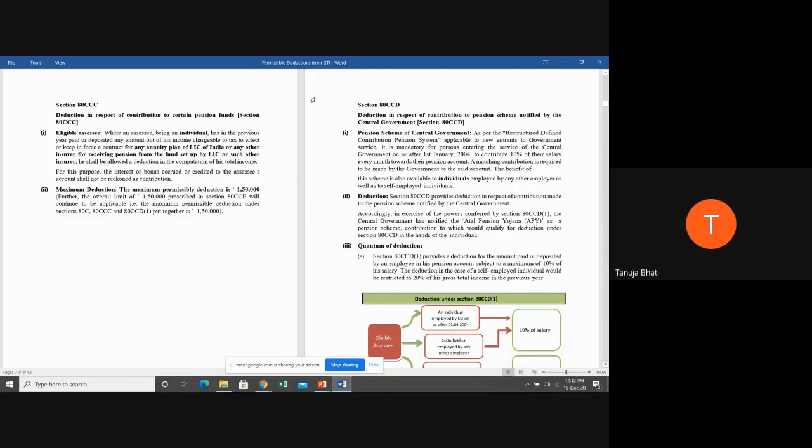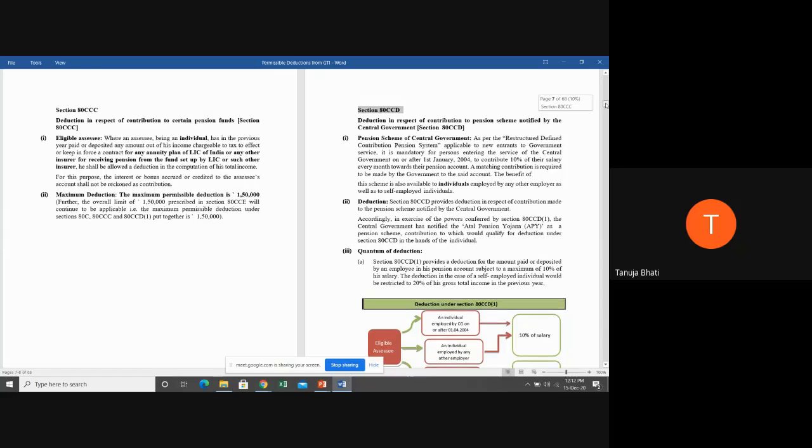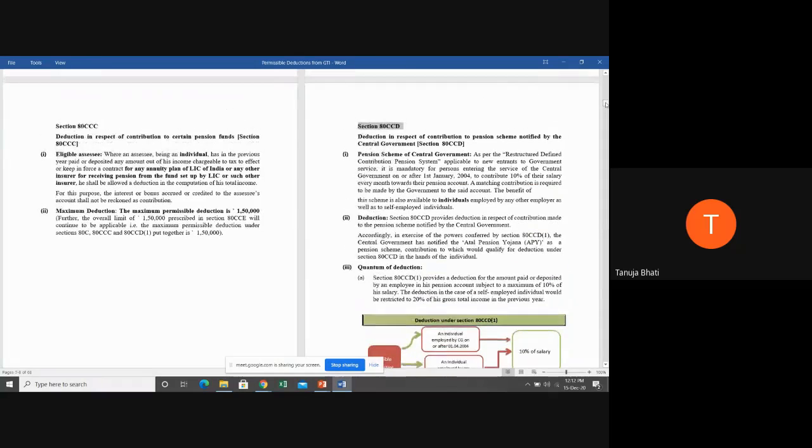Yes, ma'am. Okay, let us now see section 80CCD. Now what section 80CCD tells us is that if any contribution is made to a pension scheme that is notified by the central government, and as an individual, you are making contribution to that pension scheme, you will get a deduction under section 80CCD.